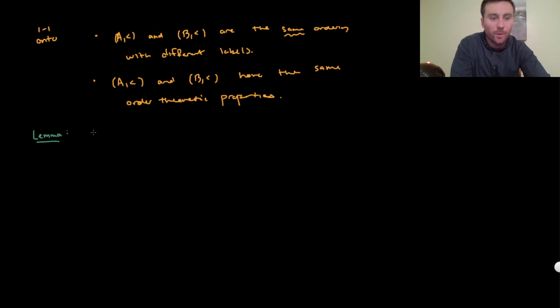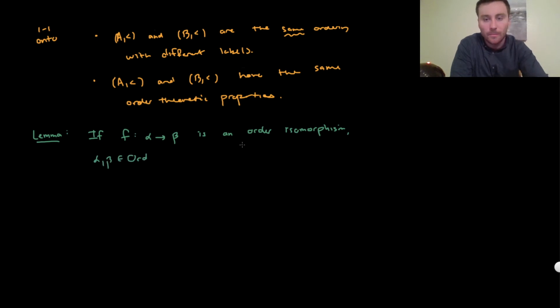One of the results that I think is really interesting is that if you have an order isomorphism F between two ordinals, where alpha and beta are both ordinals, then what we can conclude is not only that alpha and beta are the same, but F is the identity map.